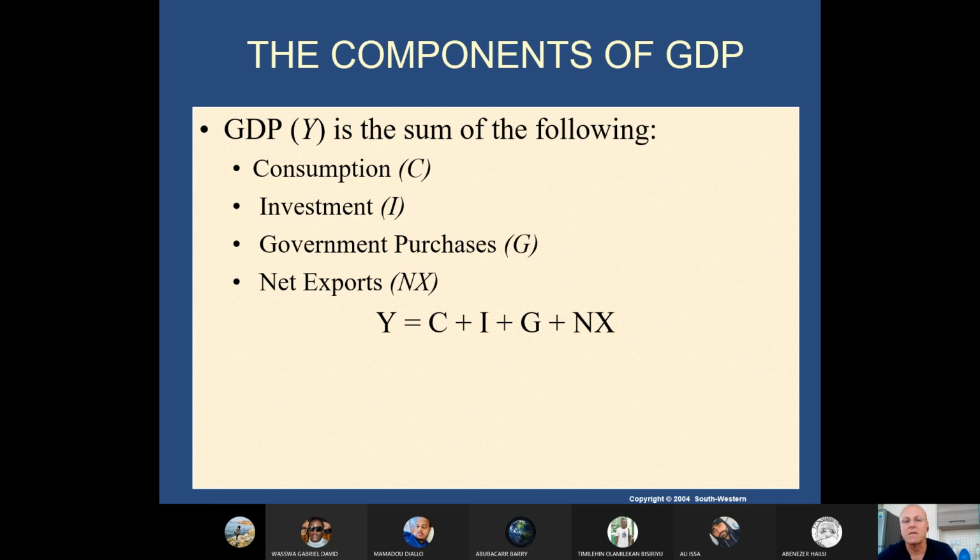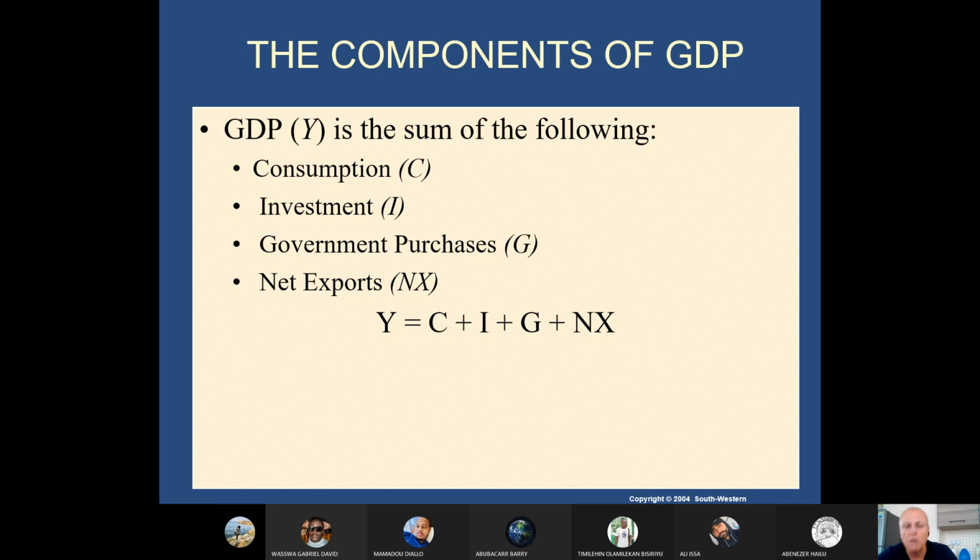If the net export is negative, it negatively affects your capital amount, reducing your resources in the financial system, in the capital market.